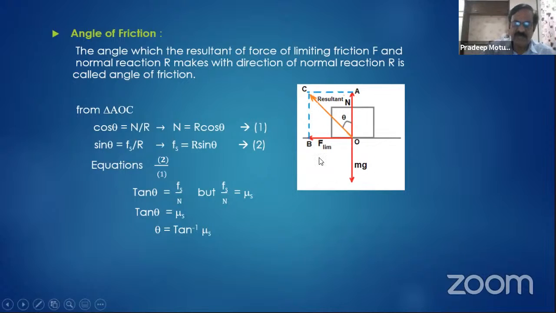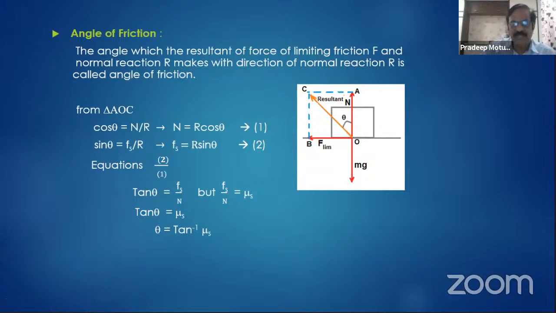Suppose here you observe that this mg, that is weight, and the force you apply, these two are the real forces. Here, the frictional force and normal reaction are the reactionary forces.